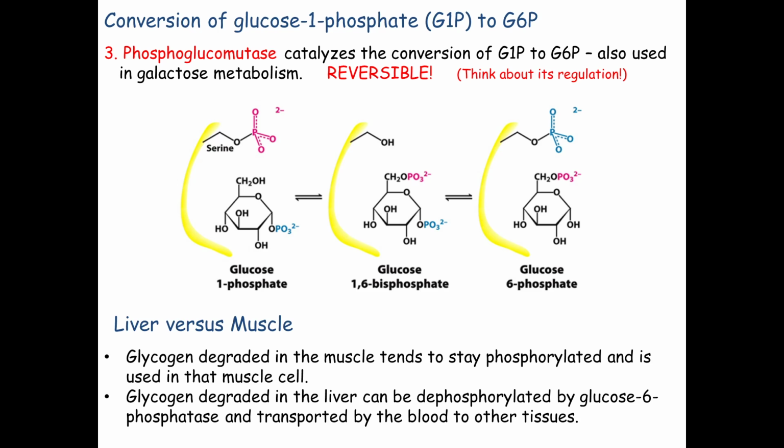Right? So how is it regulated? Is it regulated at all? I want you to think about this one. Do we want to regulate this enzyme? Do we want it on or off completely some other way? Or would we let the substrates and products control the direction? Which one do you think?